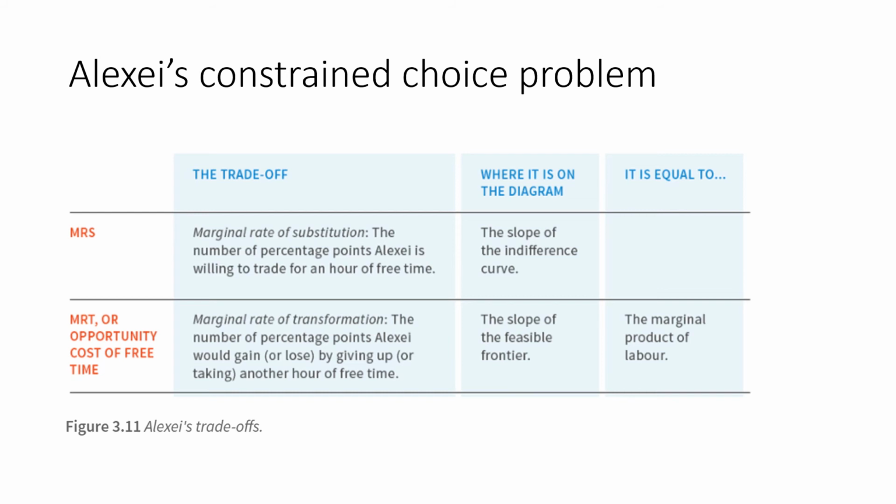The MRT, or the opportunity cost of free time, is the number of percentage points Alexei would gain or lose by giving up or taking another hour of free time, and it is the slope of the feasible frontier and equal to the marginal product of labor.